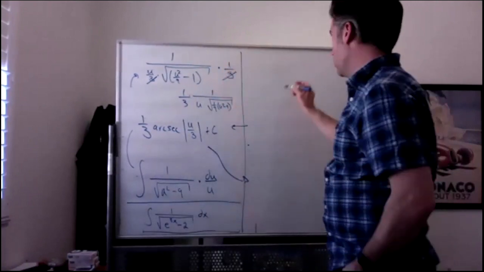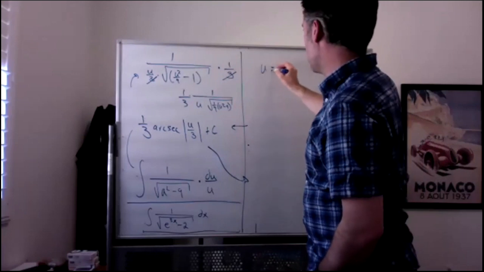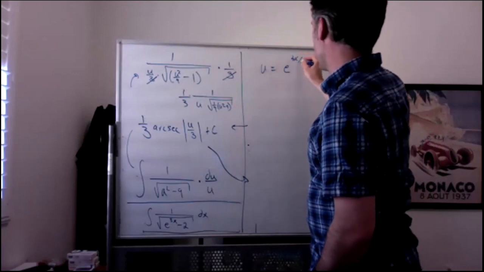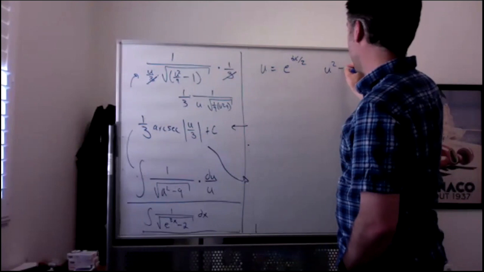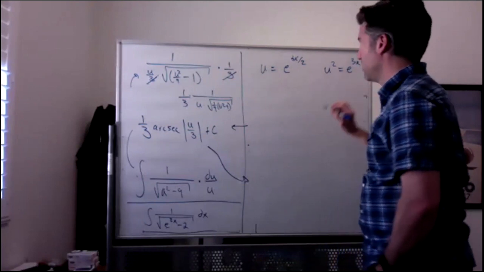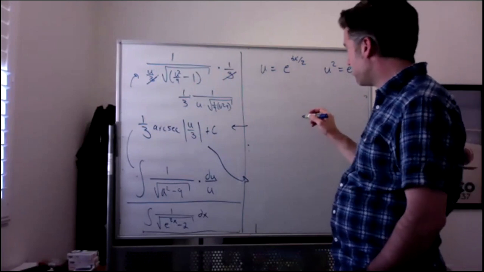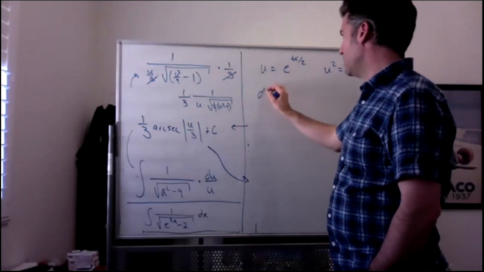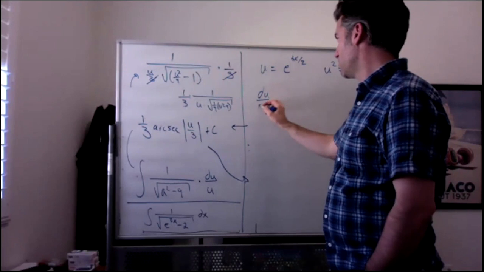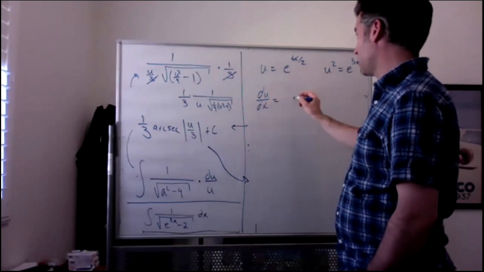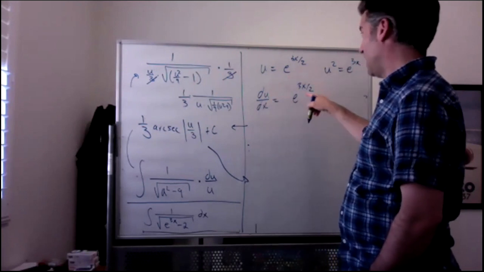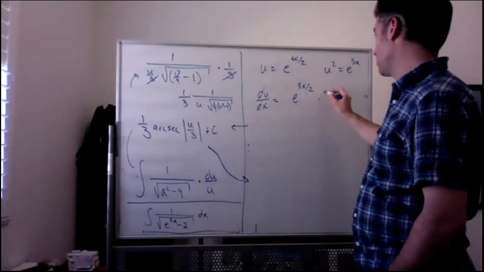So you would let u equal e to the 3x over 2, because u squared is e to the 3x. So my du/dx is e to the 3x over 2 times the derivative of 3x over 2, which is 3/2.